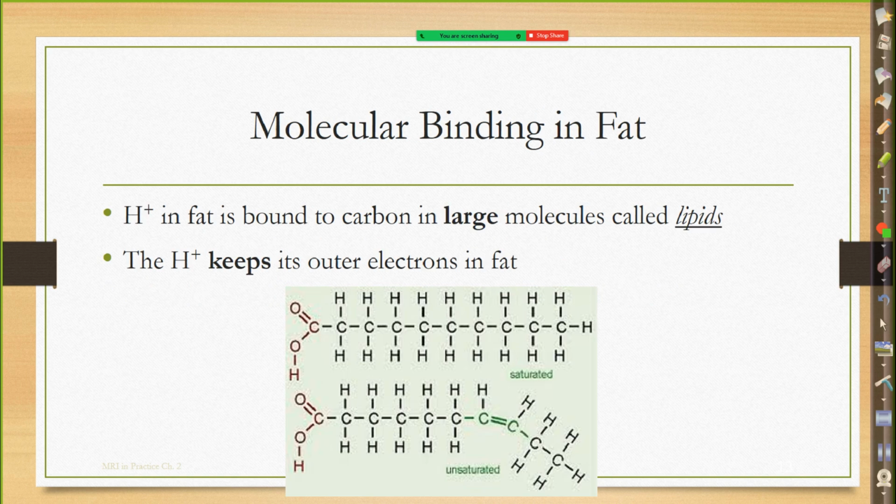Let's talk about fat first. So those hydrogen protons, and look at them, there's a lot of them. They can be attached to carbon, they can be attached to oxygen, but there's a lot of them. But let's talk about those electrons surrounding that hydrogen. So in fat, hydrogen is bound to carbon, and they're very large molecules called lipids.